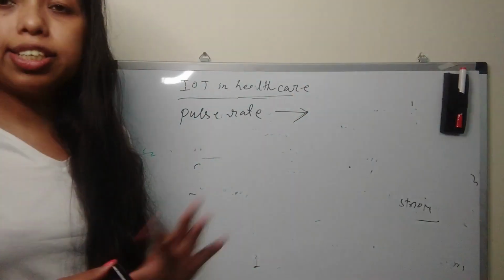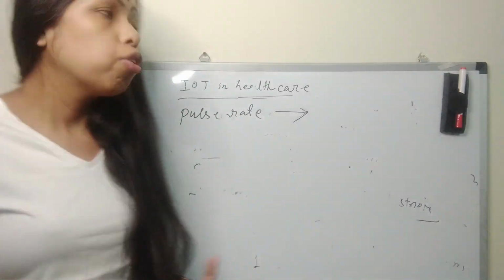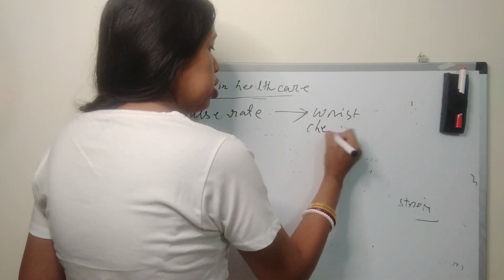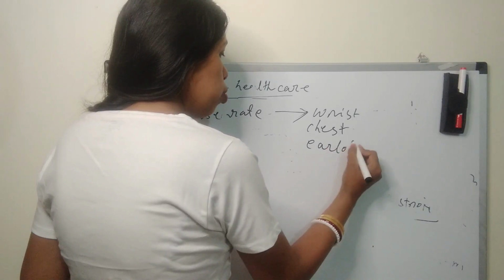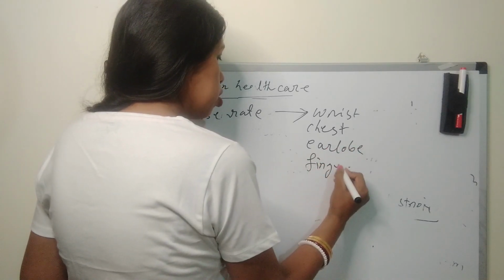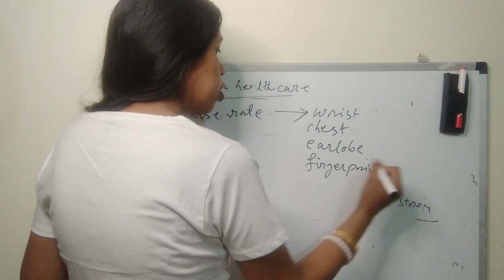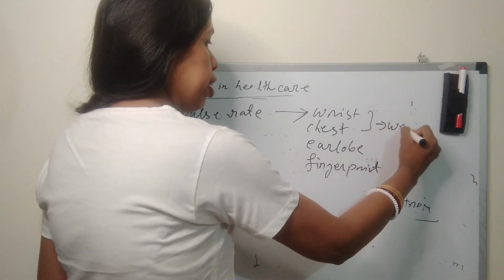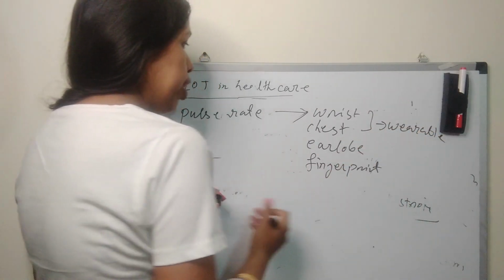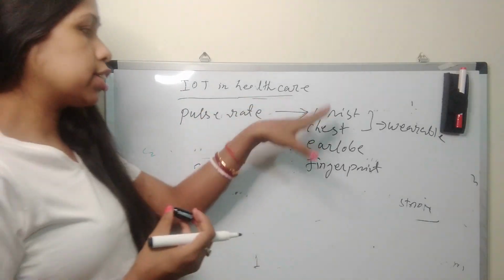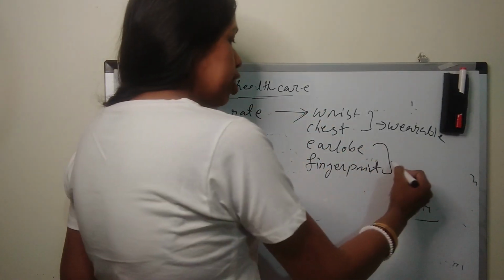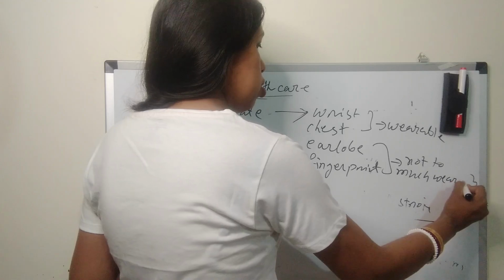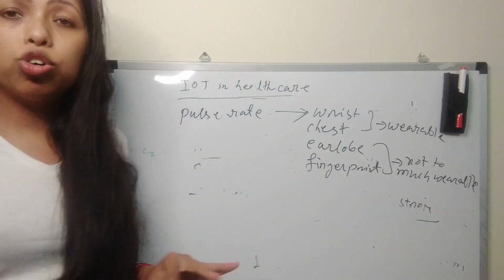You can use the pulse rate sensor on the wrist, chest, earlobe, or fingertip. The wrist and chest are the most wearable locations. We can design a wearable device if we want to put those sensors on our wrist and chest, and the earlobe and fingertip are not as wearable.